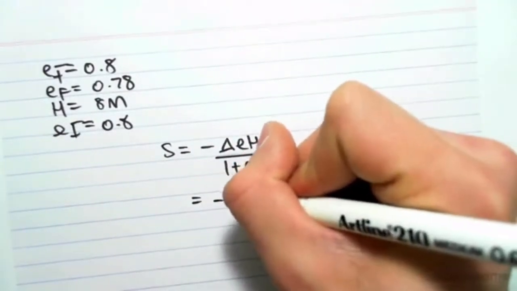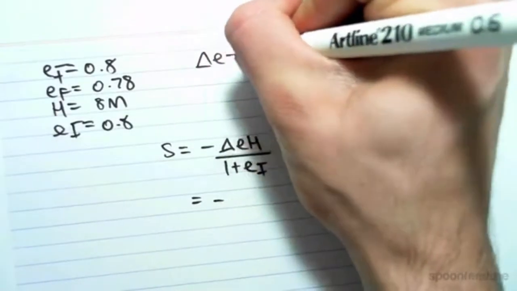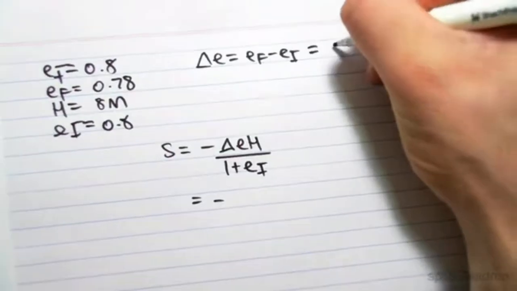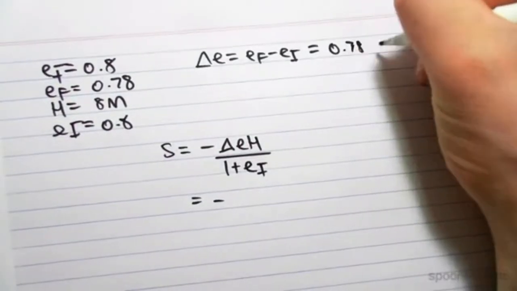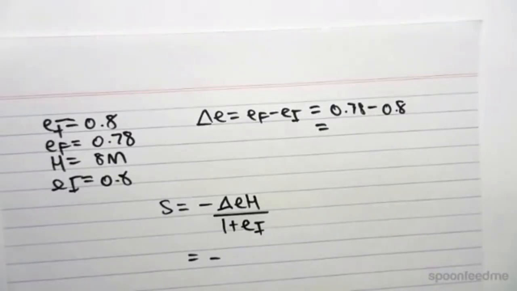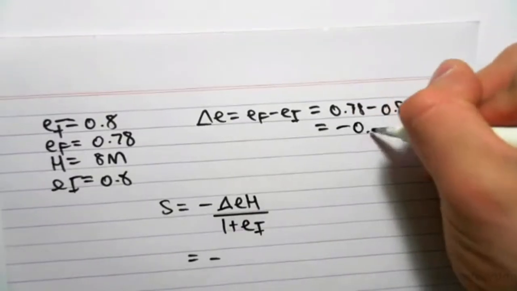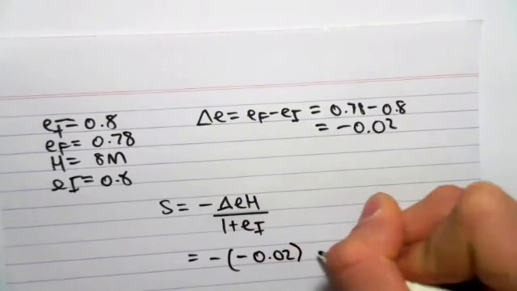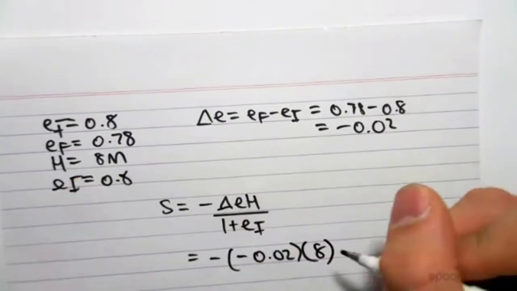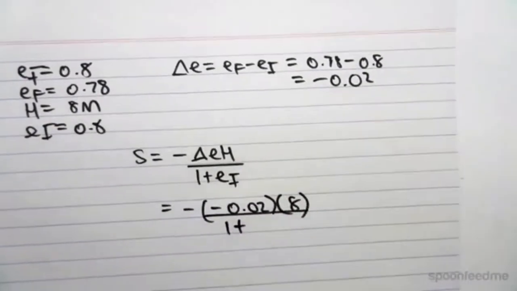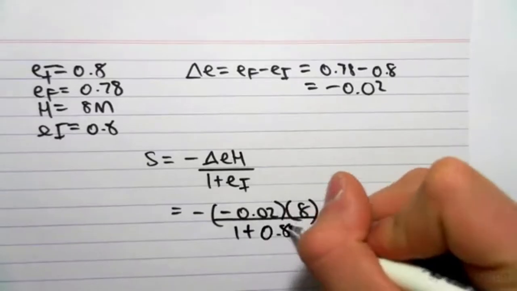So we need to find the change in e. Change in e is ef minus ei, which is 0.78 minus 0.8, which is minus 0.02. H is the layer thickness, which is 8 meters, over 1 plus the initial void ratio, which is 0.8.